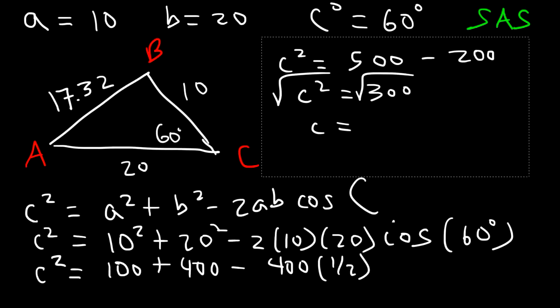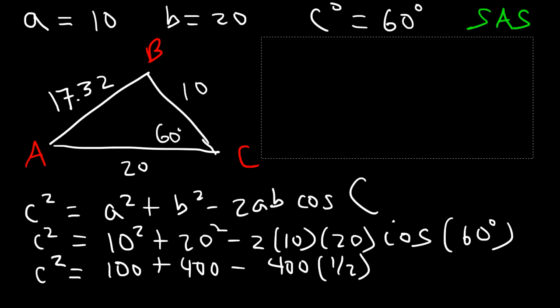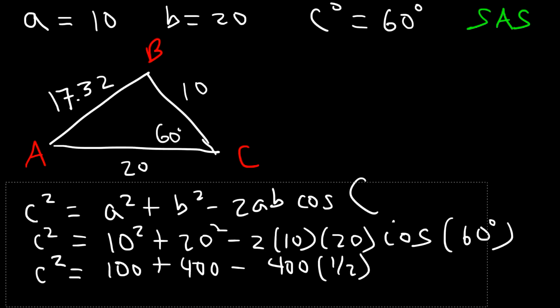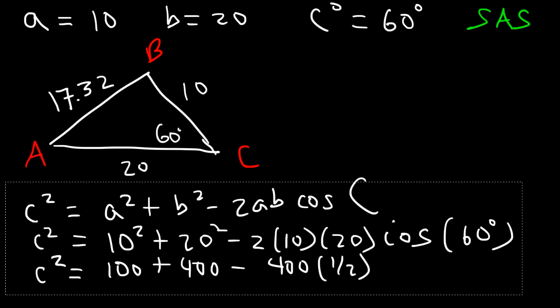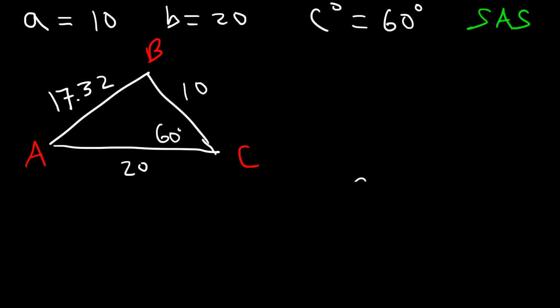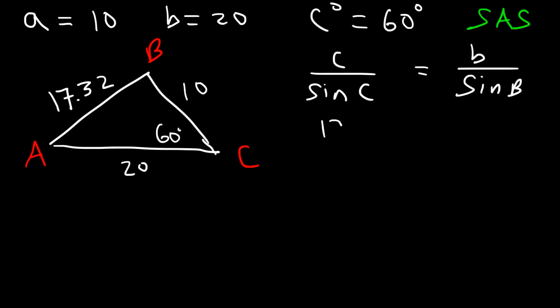So now that we have side C, we could use the law of sines to figure out everything else. Let's use the law of sines to find angle B. C over sine C is equal to B over sine B. Side C is 17.32 and angle C is 60.